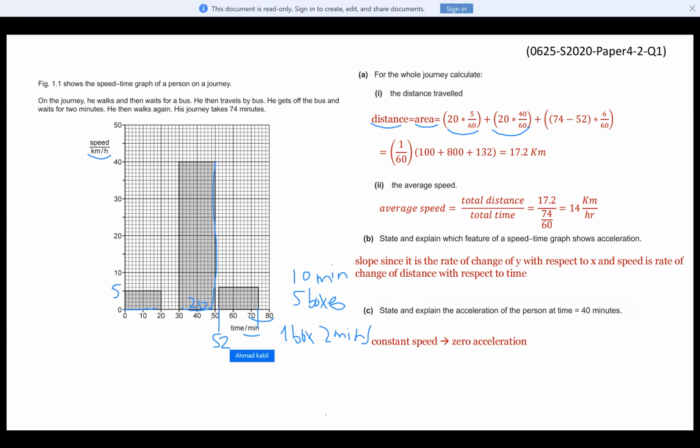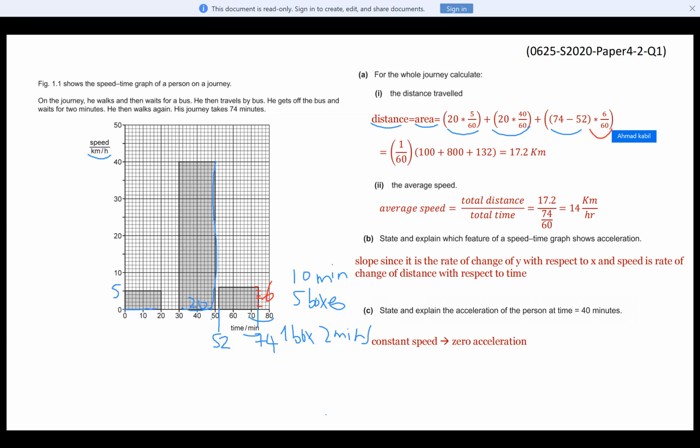And the final box gives you 74. So therefore, you have 74 minus 52 multiplied by the height. And the height, again, you have to count the boxes. 1, 2, 3, 4, 5, 6. And you multiply by 6 and divide by 60 again.